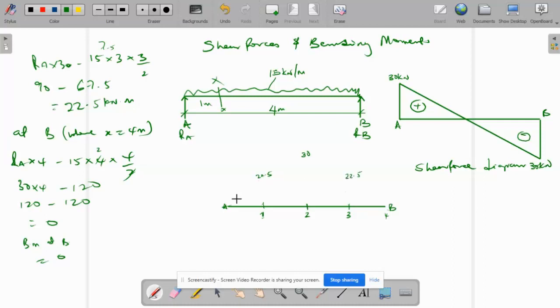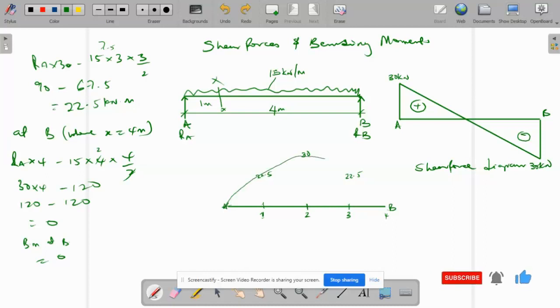So if we join this, we're going to have our bending moment in this form. It is going to be in a curve form, a parabolic form. So we'll have something of this nature, with the maximum bending moment occurring at 2 meters, here. So we'll join our lines.